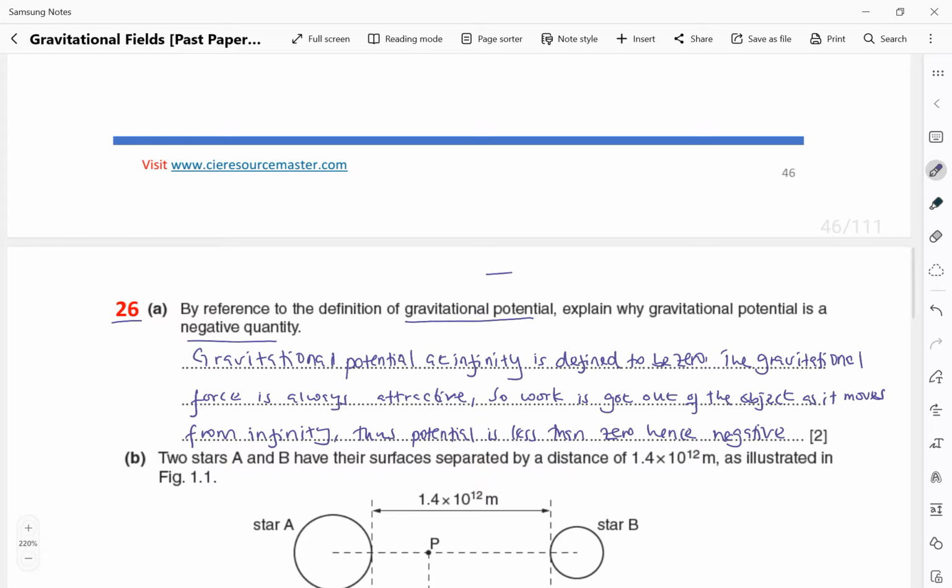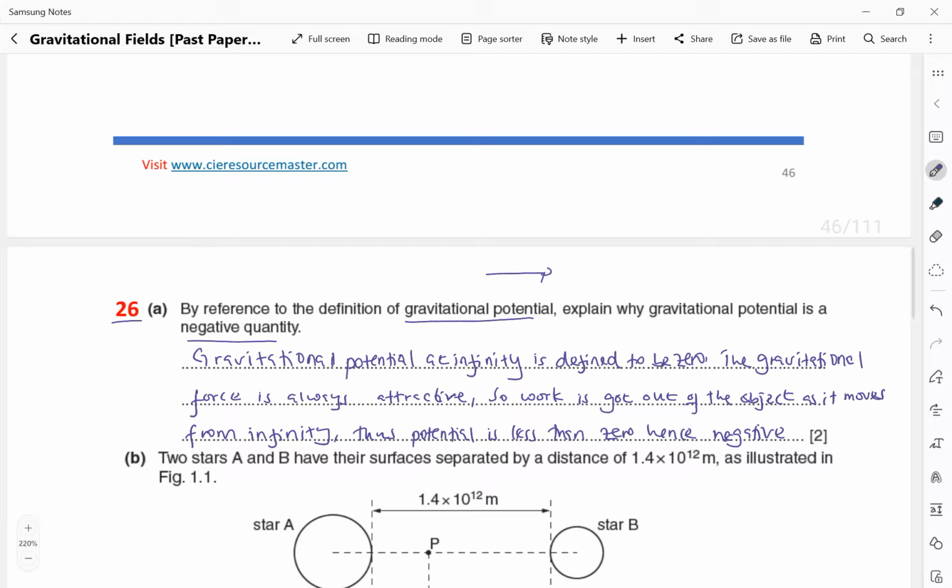But when you take an object to infinity, you must add energy to it. But remember, at infinity, energy is zero. So when you are adding energy to the object, you are actually going through negative values. Bringing masses close to each other, work is done by the masses. In other words, energy is got out of the masses. In taking them further apart against the force of attraction, energy is added to them to overcome the force of attraction.